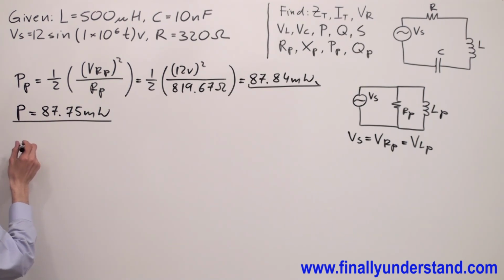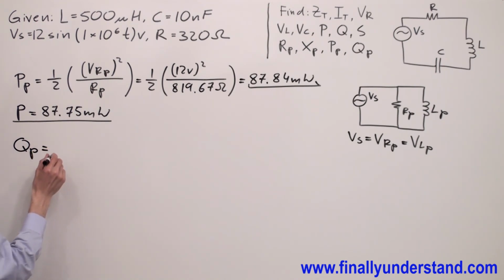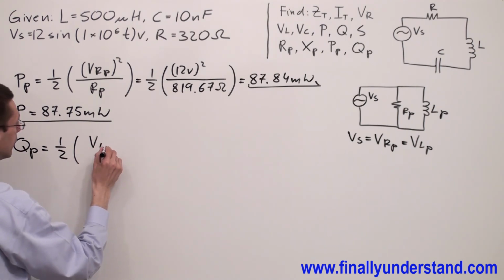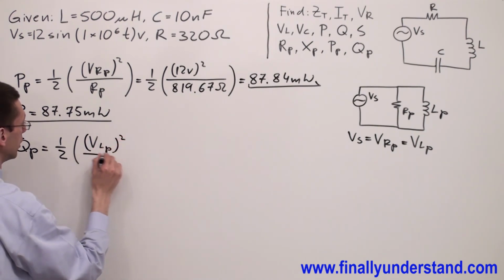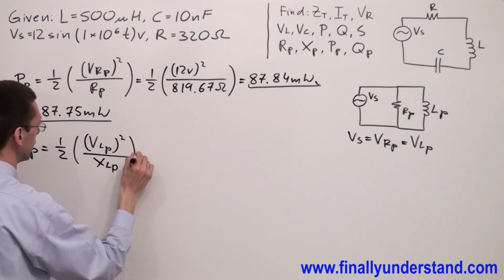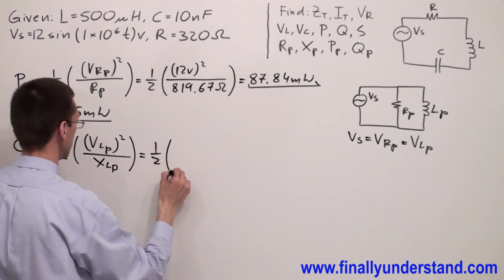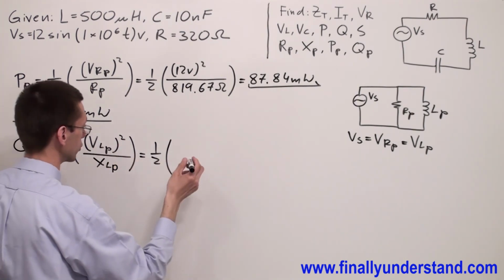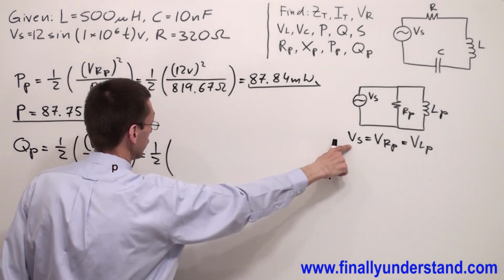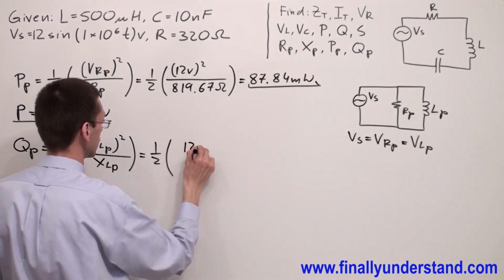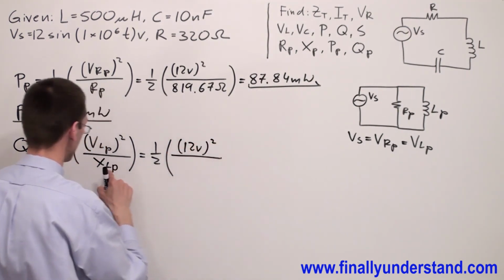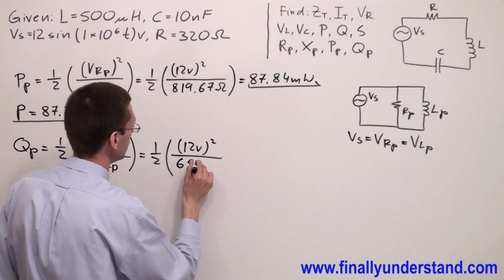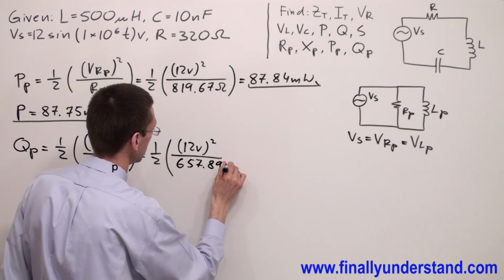So next we're supposed to find the reactive power. QP is equal to 1/2, and I'm supposed to write VLP raised to the second power over X of L. This is equal to 1/2, and voltage across the inductor is the same as voltage across the resistor and the voltage source, equal to 12 volts, and of course raised to the second power over X of L, which is equal to 657.89 ohms.